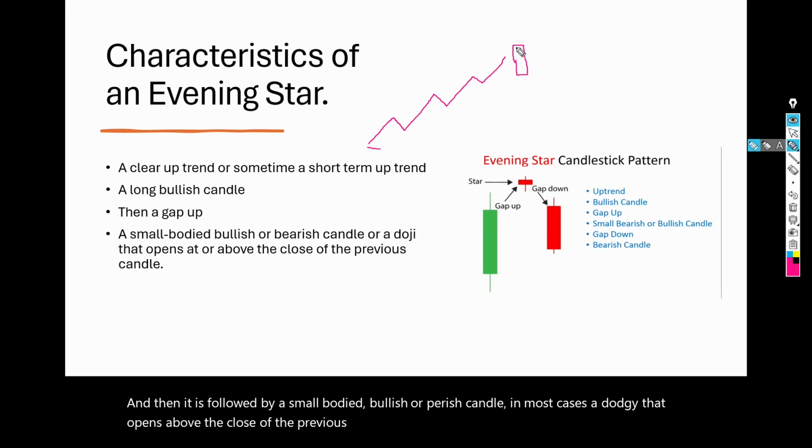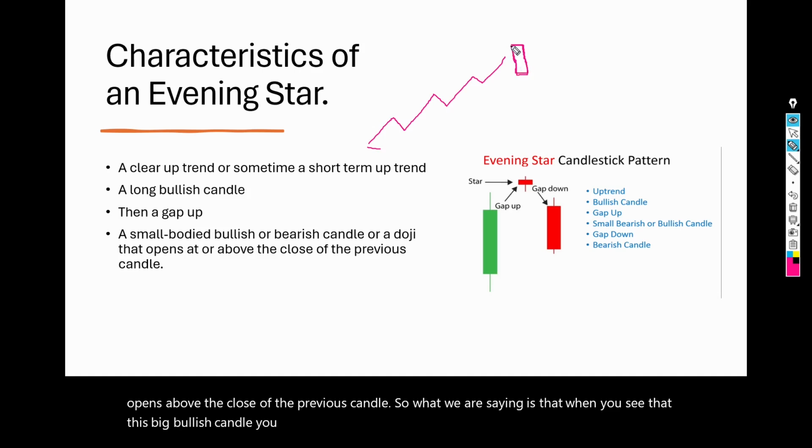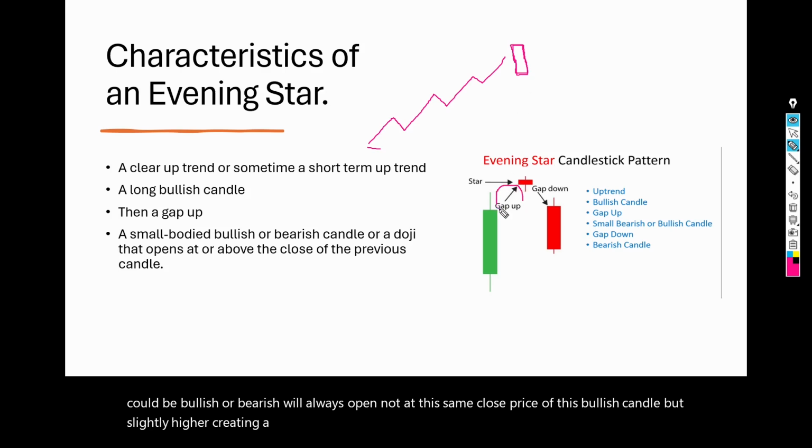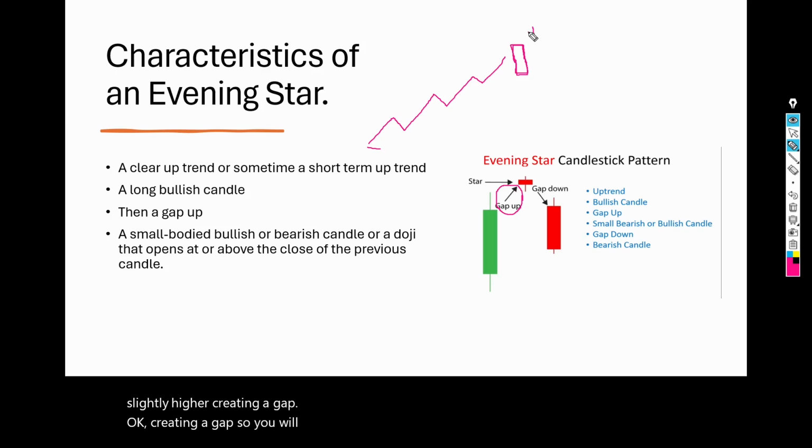So what we are saying is that when you form this big bullish candle, the small candle, which could be bullish or bearish, will always open not at the same close price of this bullish candle, but slightly higher, creating a gap. So you'll find that candle will come and open up, and then create a gap right there.